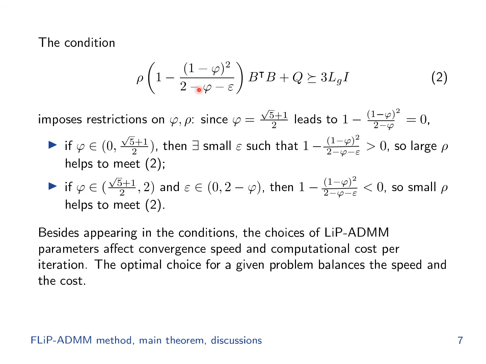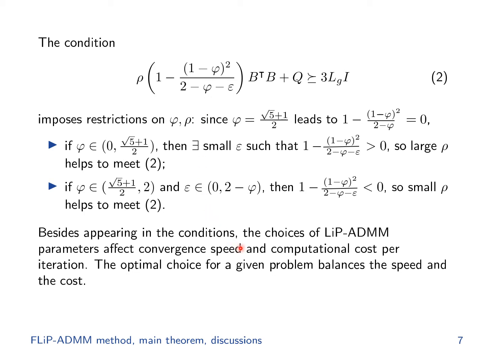In FLiP-ADMM, matrices A and B are given as part of the problem. Constants Lf and Lg are given once f2 and g2 are specified. The rest of the constants, such as the P matrix and Q matrix, scalars rho and phi, are subject to our choice.